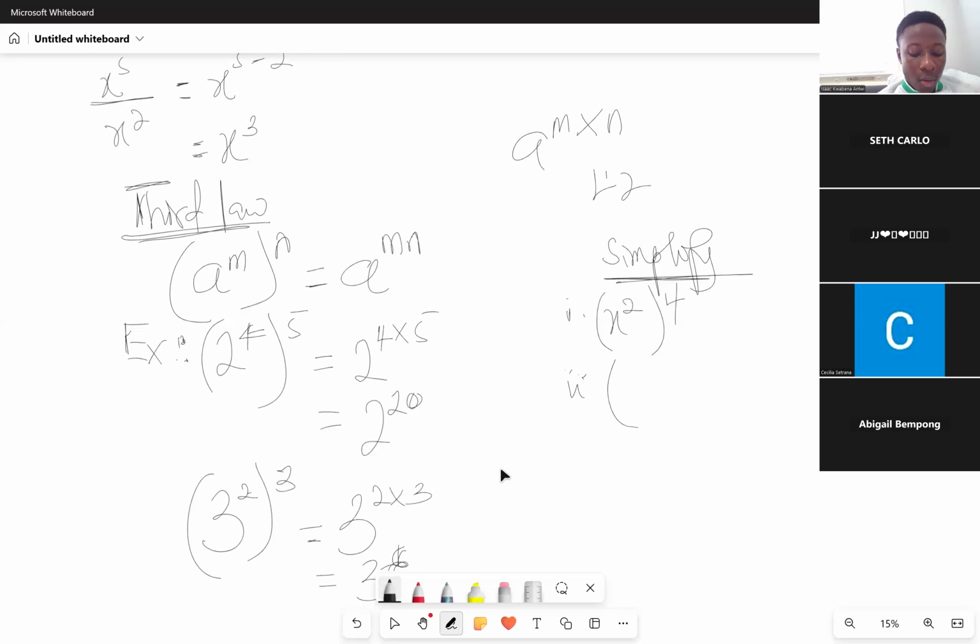We have a squared b cubed to an index of 2. Then the last, we have 2x exponent 4, y exponent 3 to an exponent of negative 2. Kindly write this somewhere. The third law is also called the index law.